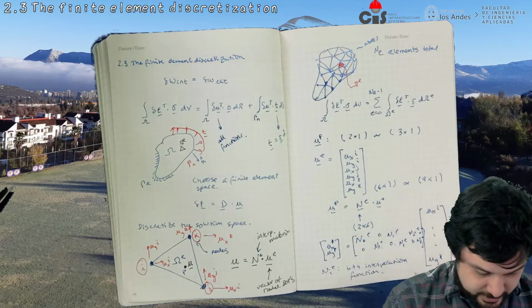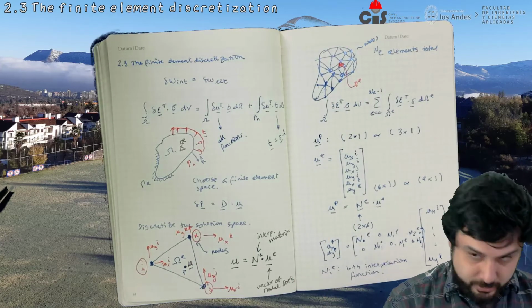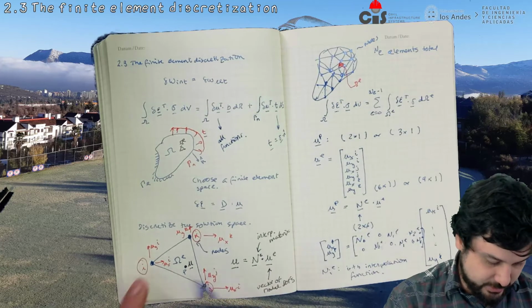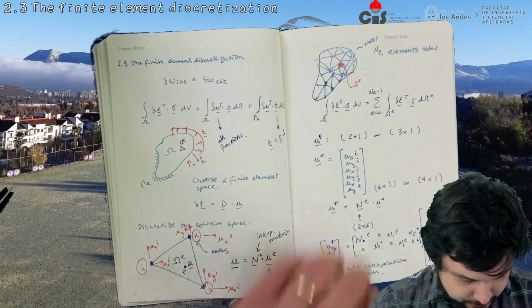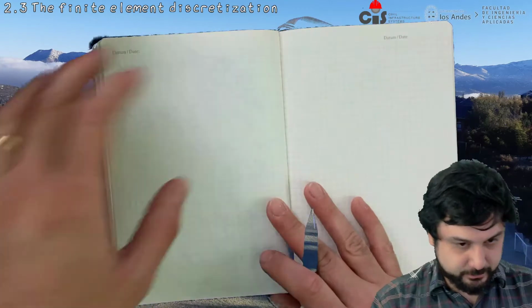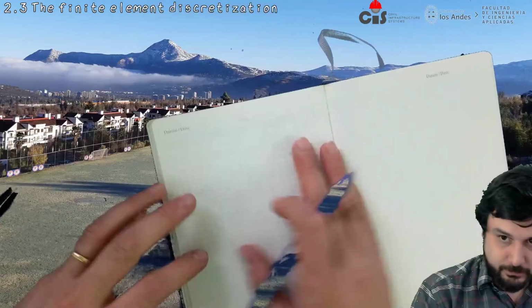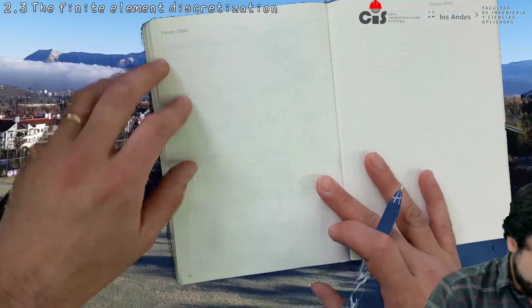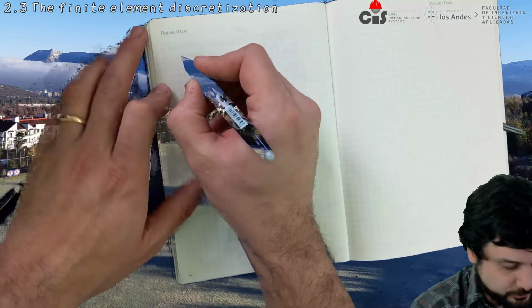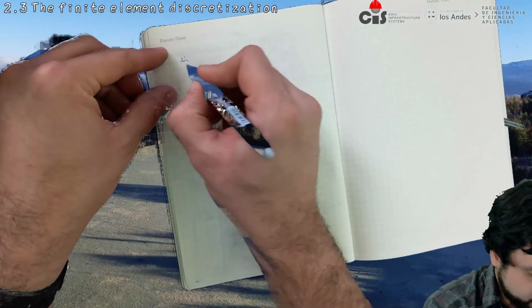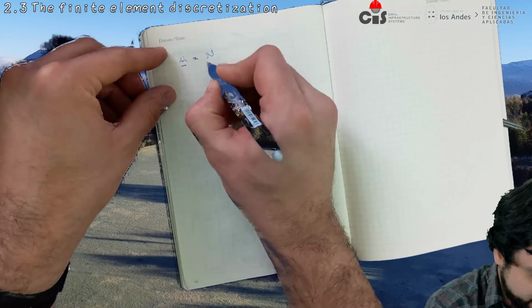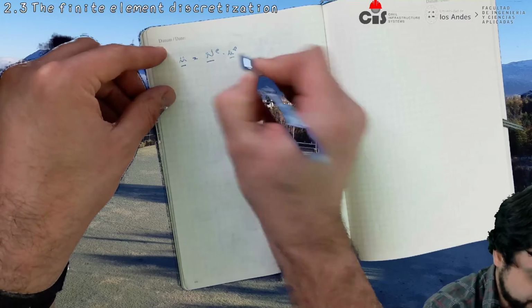And i takes values 0, 1, 2, depending on the number of nodes. So in this case, 3 nodes. Okay. So u is equal to N^e u_e.